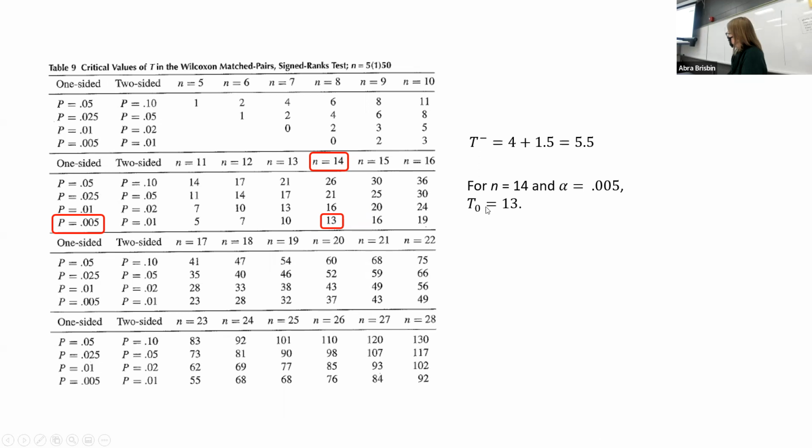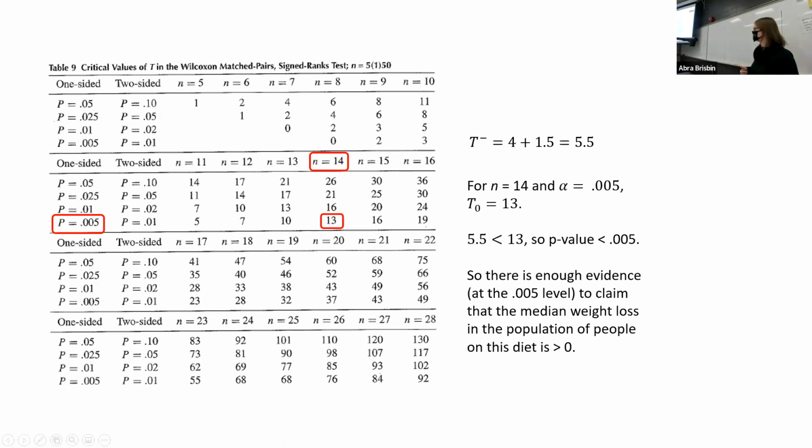So another way of saying this is that for n equal to 14 and a significance level of 0.005, t sub 0, so the threshold value, the cutoff that would give you a p-value of 0.005 would be 13. And 5.5 is less than 13, so our p-value is less than 0.005.